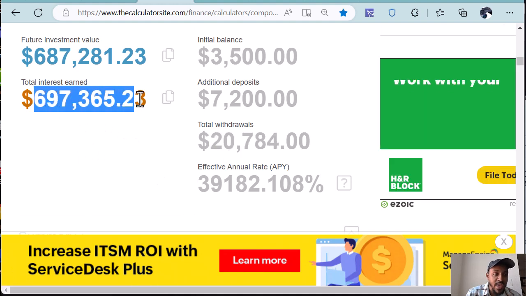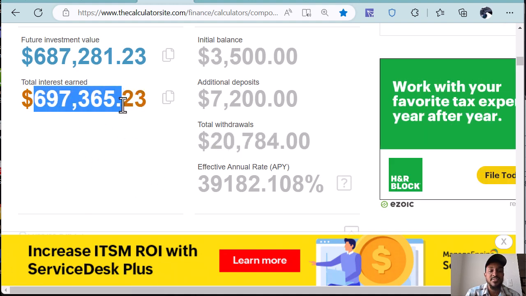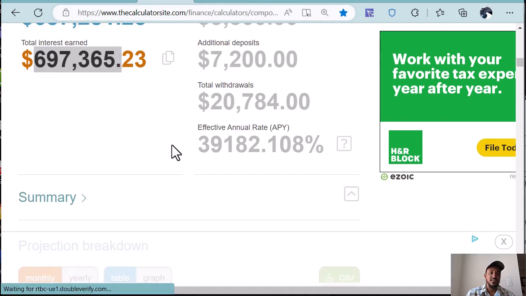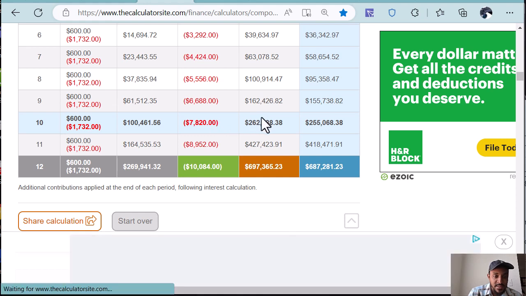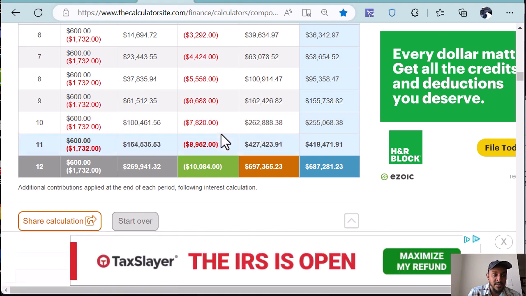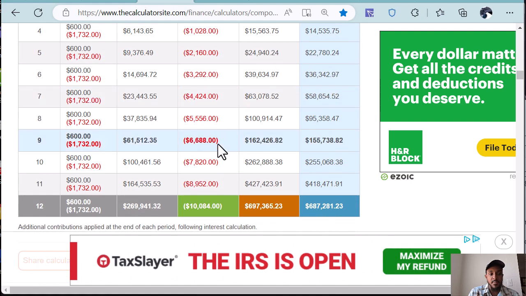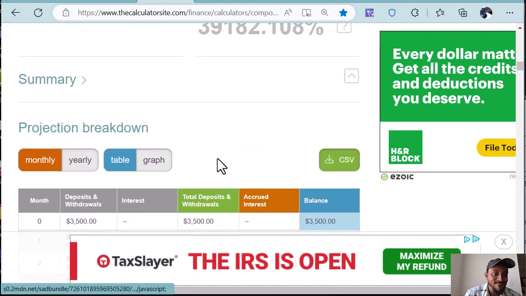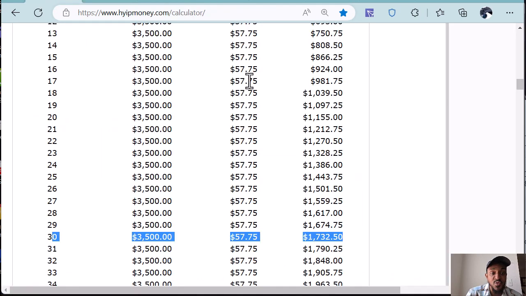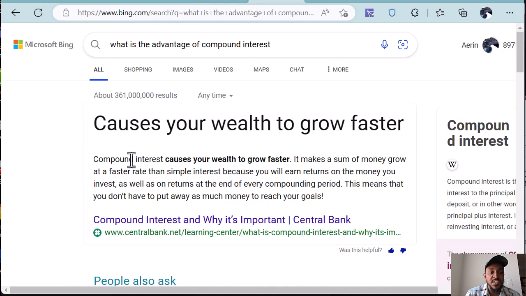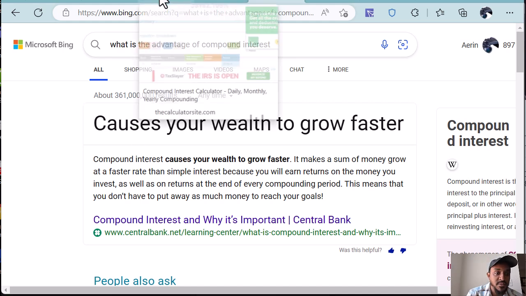And you still have $697,000 in your account. It is an amazing opportunity. And I invite you to consider growing your wealth faster. That is compounding interest.